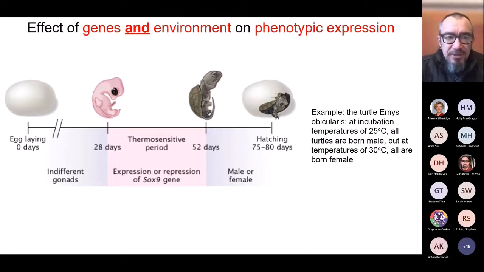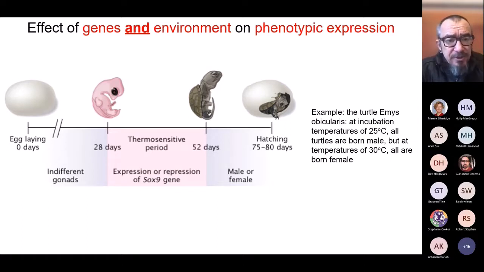We've looked a lot at genes because it's the genes that contain the nucleotide sequence that produce the proteins, but environment actually influences how those genes are expressed. The best example I can come up with is here, where there's what is called a thermosensitive period.